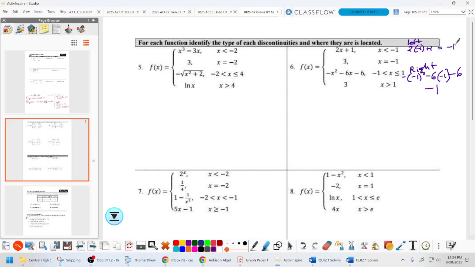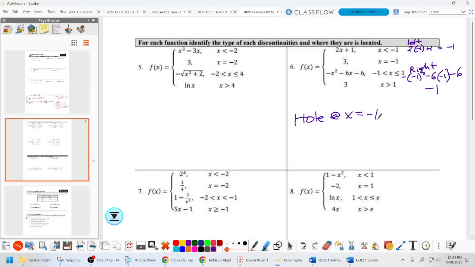So we have the same limit coming from both sides, but the function's value is not the same. So what does that say? It's a hole. Now I know I said we're not going to have a hole because of denominators, but this is a different backdoor way to figure that out, right? So far we know we have a hole at x equals -1.